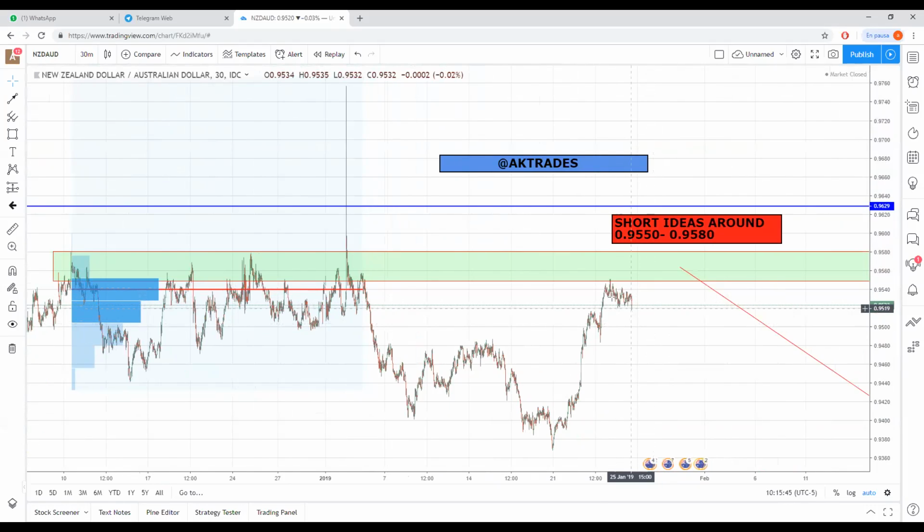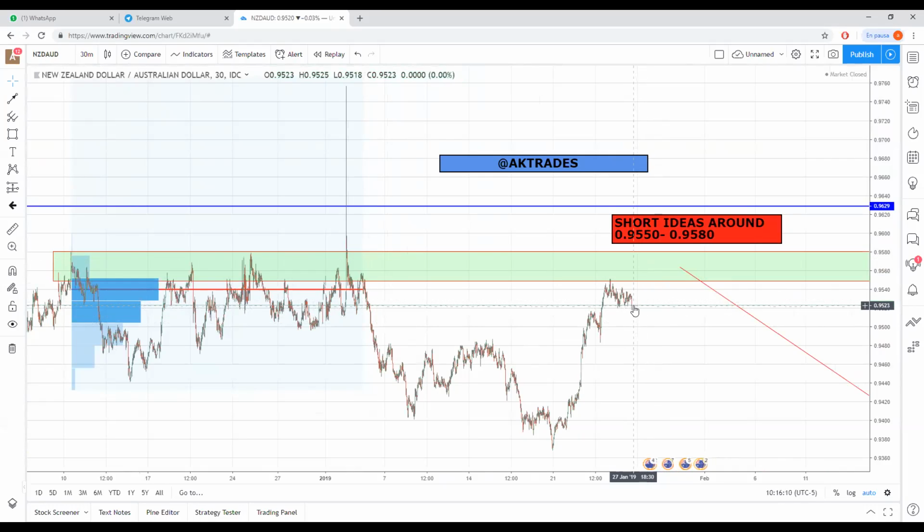If you look at the structure that is forming right now, it is kind of similar to a bullish flag. This might give you an indication that price may have one more move up before going down. That's why I'm saying to try to look for shorts around this area.